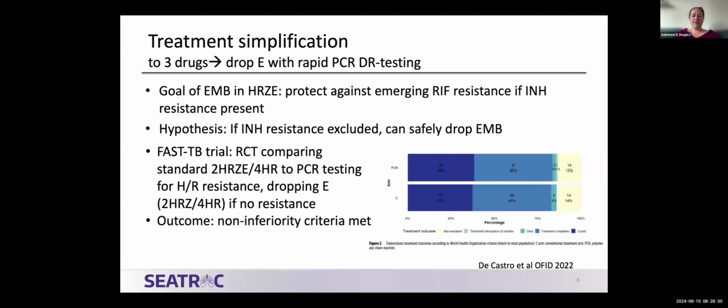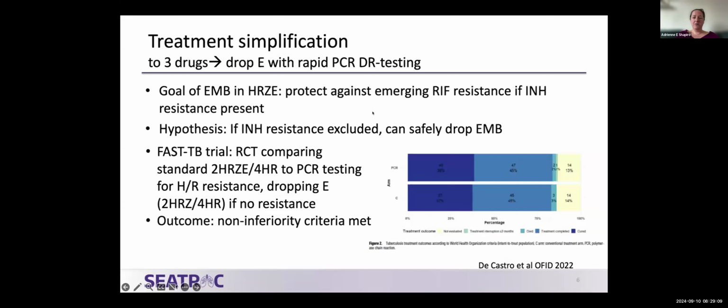So one of the more recent efforts to shorten or simplify TB treatment, this is a study that was published a couple of years ago that looked at reducing the number of drugs needed to treat a course of TB. And this group looked at dropping the ethambutol once isoniazid sensitivity was confirmed. So the goal of using the drug ethambutol in the combination 4-drug regimen is really to protect against emerging resistance to rifampin if there is any isoniazid resistance present.